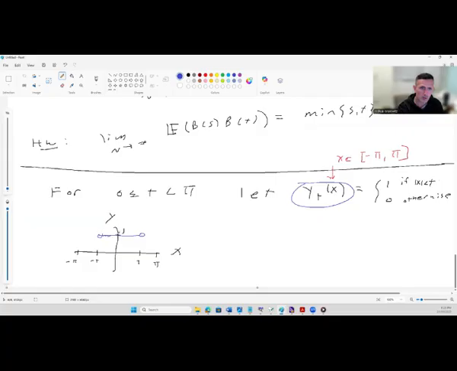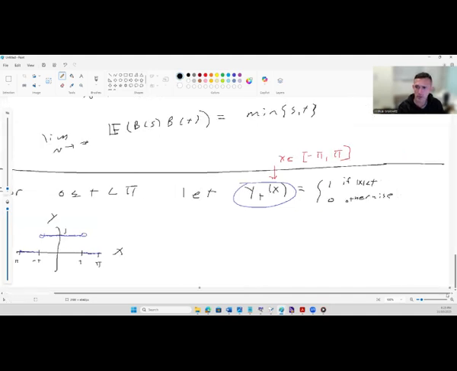The graph is just this here, and then this here: 1 when the absolute value of x is less than t, and 0 otherwise. All right, so let's start computing. I'm going to use Parseval's theorem. It's that simple.